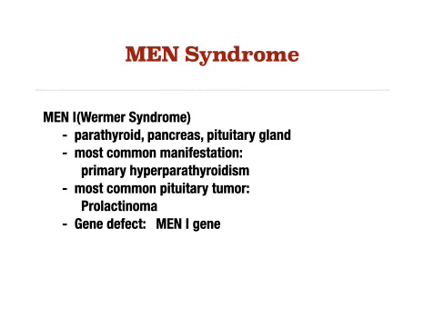Now, MEN syndrome is divided into MEN1 and MEN2. So MEN1 is also called your Wermer syndrome. So this is a rare heritable disorder with a prevalence of 1 per 100,000. So MEN1 is characterized by abnormalities involving the 3Ps, your parathyroid, your pancreas, and pituitary gland.